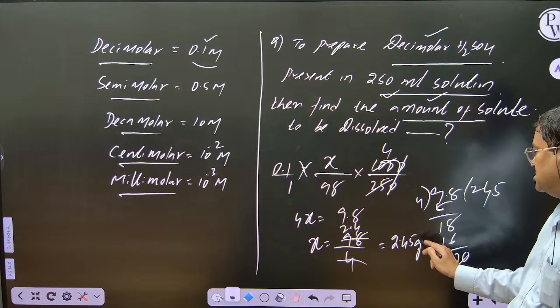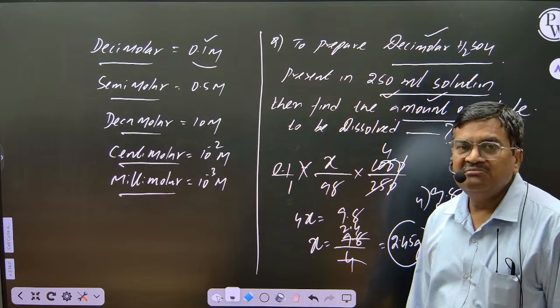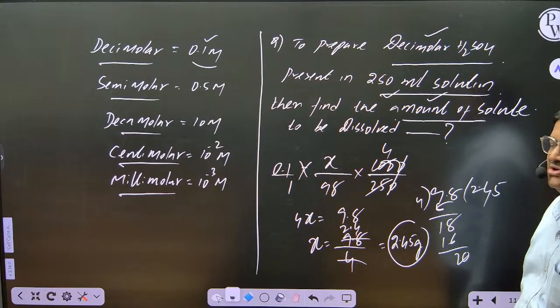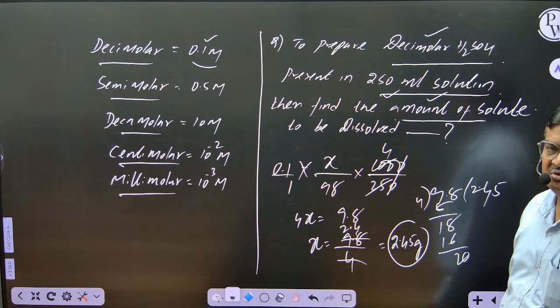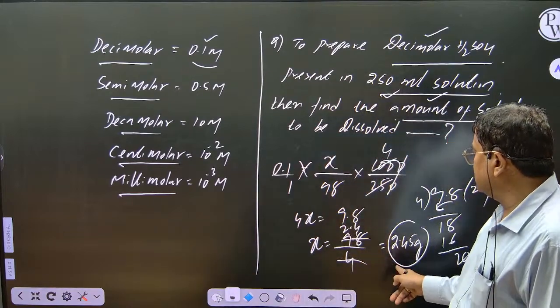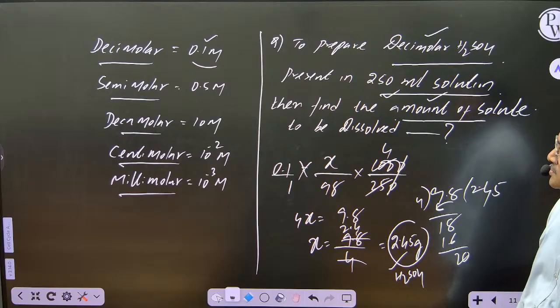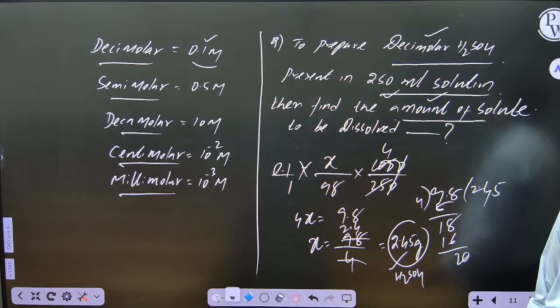That means this much amount of sulfuric acid I have to dissolve in 250 milliliter in order to prepare decimolar solution. Understood, students?